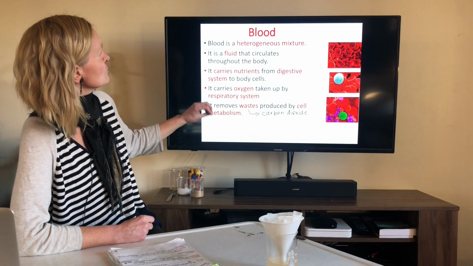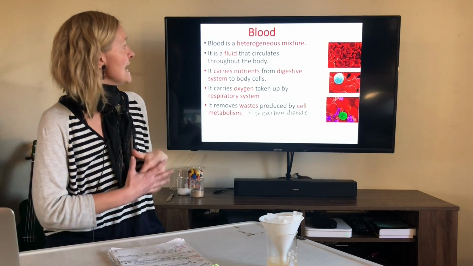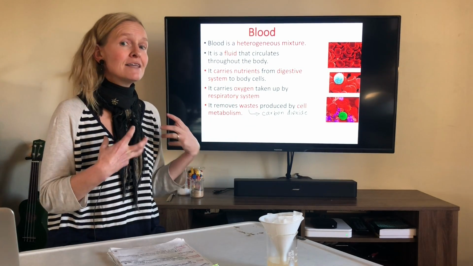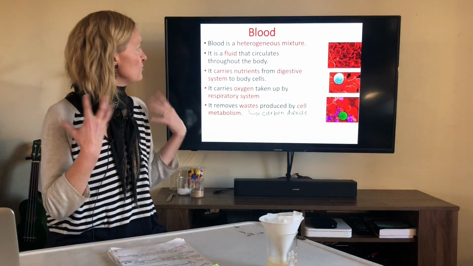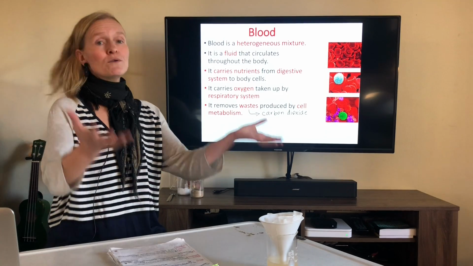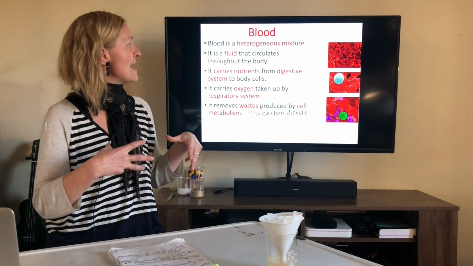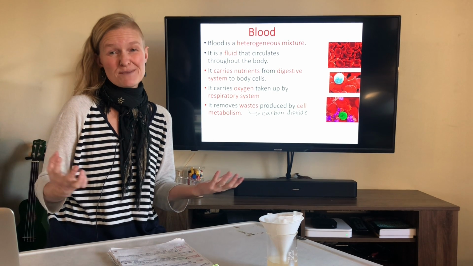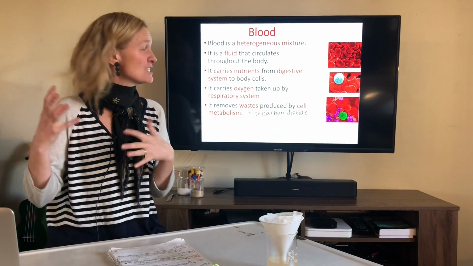It is a fluid that circulates throughout our body. It carries nutrients. So nutrients is one of the things that is in our blood that is brought to all the different parts of our body to feed our body and the different cells. It carries oxygen. So when we breathe, we take up oxygen, and the oxygen is put into our blood vessels, and it's moved throughout our body, and that oxygen is distributed. And it also removes the waste that is produced by the different cells in our bodies and by cell metabolism, and it has to be removed.